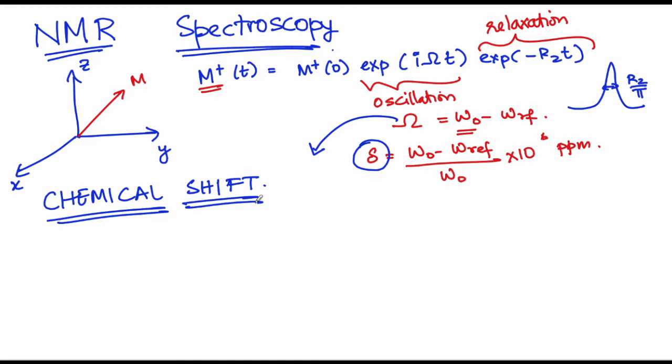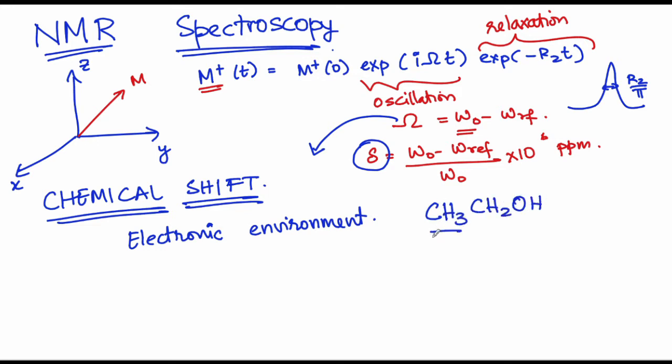With chemical shift, you would be able to probe the electronic environment of the given spin. For instance, we had seen the example of ethanol, where although the methyl and the methylene protons are both aliphatic in nature, the methylene protons ended up coming more downfield with respect to the methyl protons.